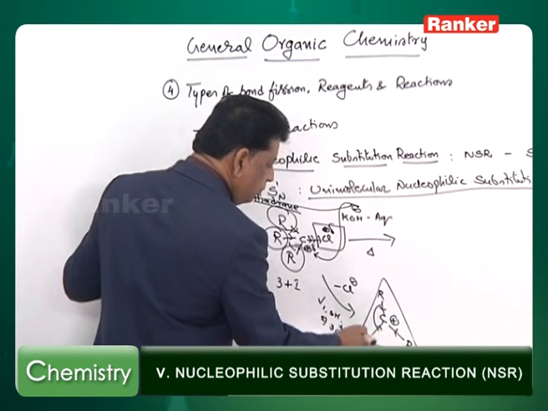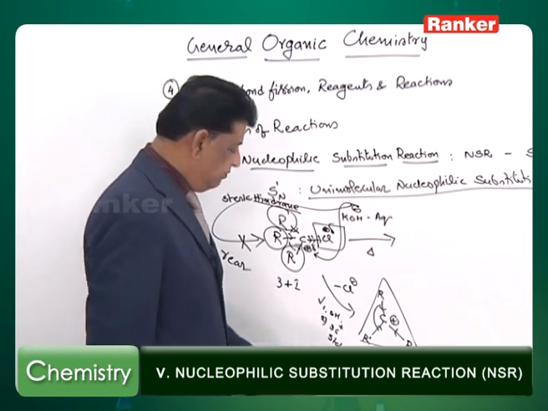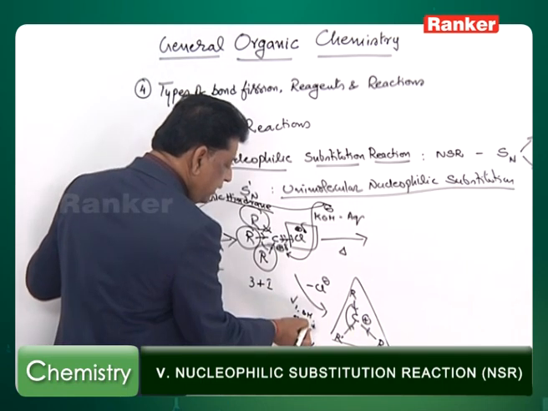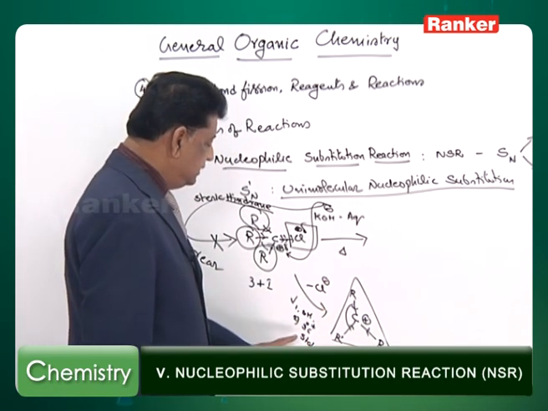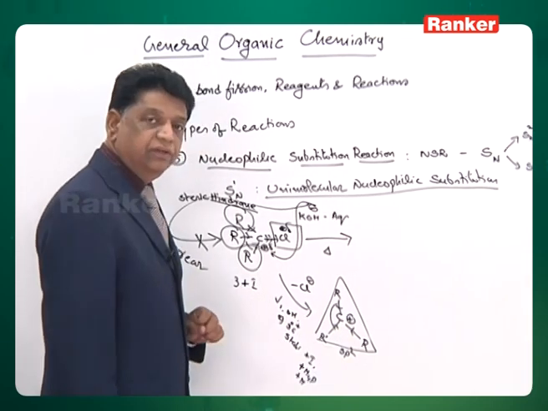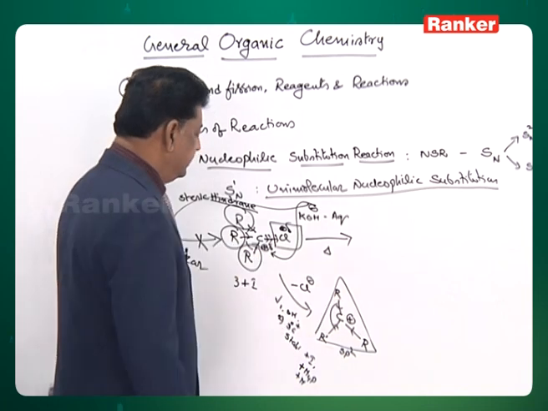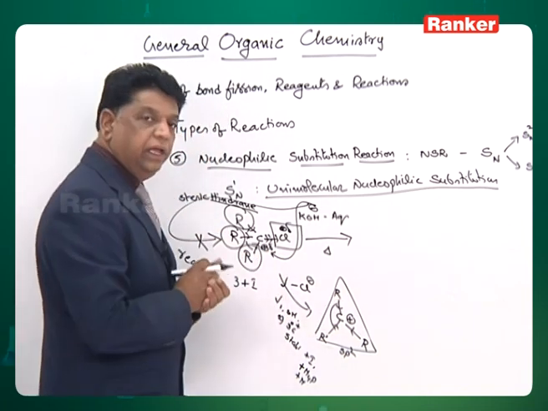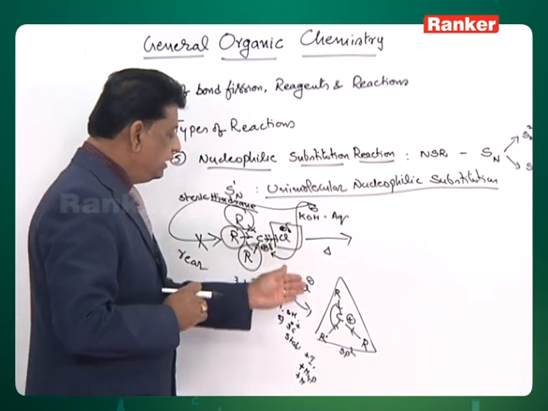If there is any group which has conjugation or lone pairs, it can also show a mesomeric effect and stabilize this carbocation. This carbocation is not an ordinary one, it is a 3 degree one. Therefore, stabilization takes place by one of these features or a mixture of them. So this step, Cl minus leaving, also takes place quickly, and you will get the carbocation.